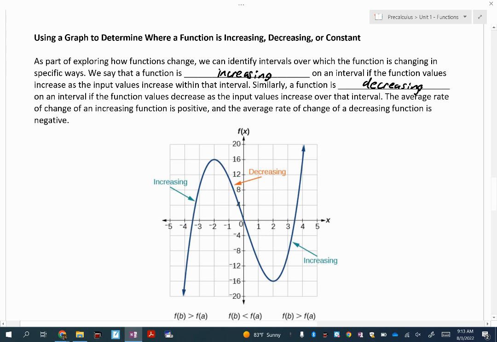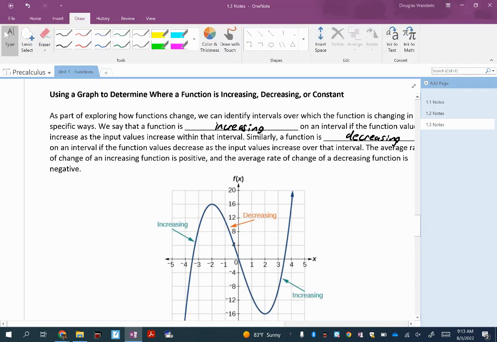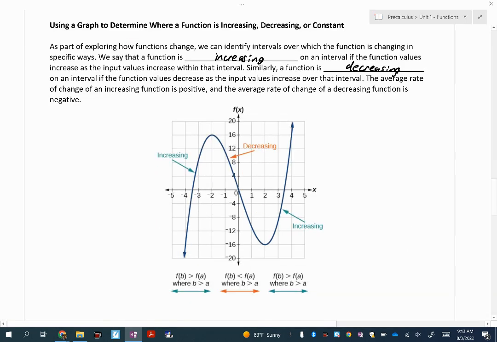Okay. Now, based on this, you can have what are called local minimums and local maximums. So they're not necessarily the highest or lowest value of your function. Like this graph here shows you that we're going to positive infinity and negative infinity in the y values. But if you were to just look at where you're going from increasing to changing to decreasing, we would call this a local maximum.